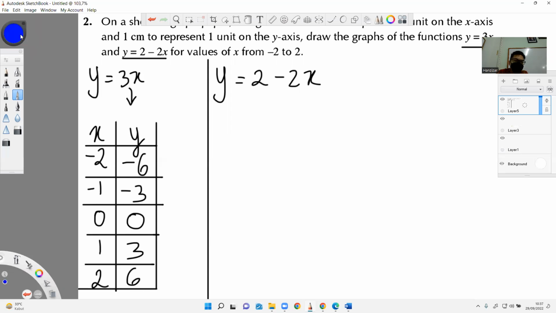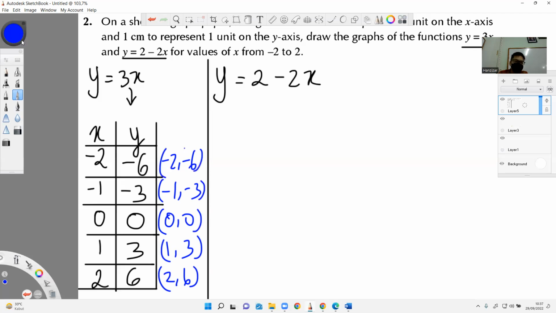Very simple. You just copy paste -2, -6, -1, -3, 0, 0, 1, 3, 2, 6. Right? Then the second function, we are asked to do the x also from -2 until 2. Okay?